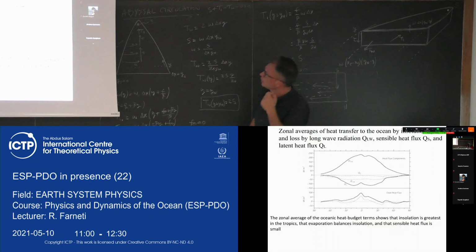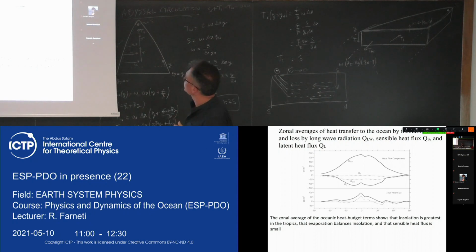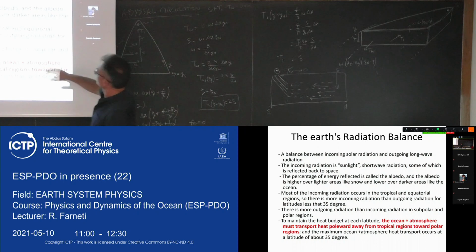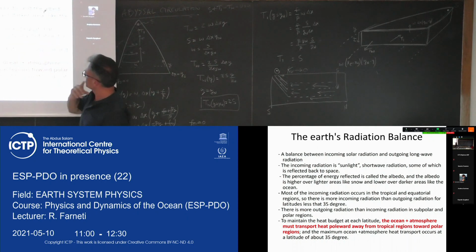Okay. You can divide your heat fluxes into long wave, sensible heat flux, and latent heat flux, and these are the usual time mean and zonal mean profiles. But what I wanted to say is, most of the incoming radiation occurs in the tropical and equatorial regions, of course.